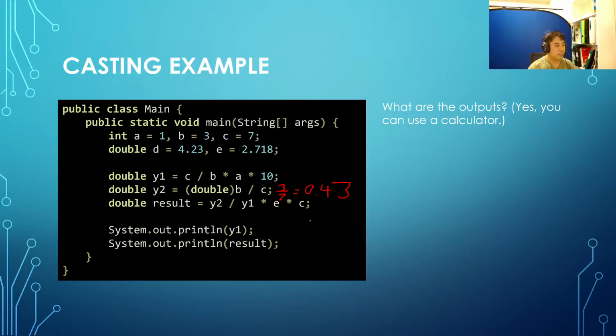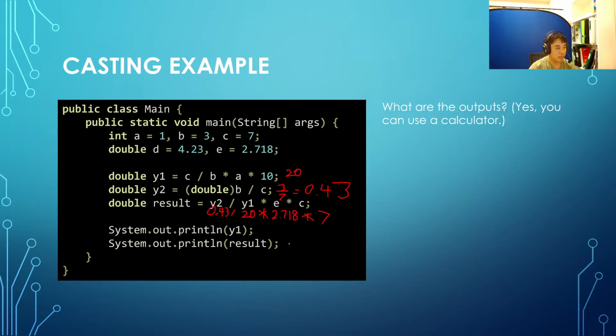Then y2 divided by y1, so 0.43 divided by 20. Multiply that by E. Fun fact, that is actually an Easter egg, because that is the first three decimal places of E. And multiply that by C, which is 7.